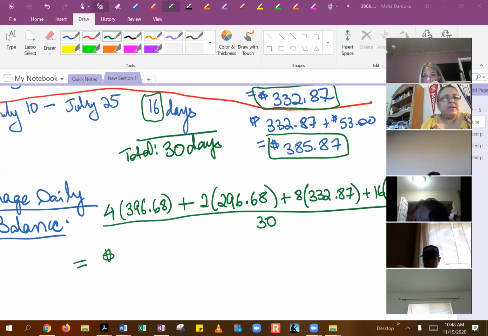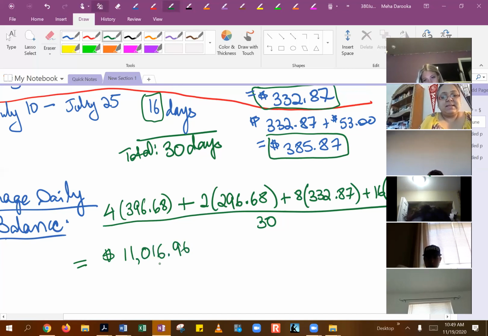Okay, let's see, Markley, you came up with 367.222, and it looks like Molly, you have the same number. All right, so when you just multiply the numbers on the top and add them together, that total comes out to be $11,016.96, and then we divide that number by 30.